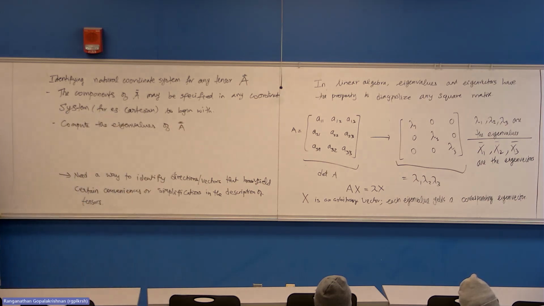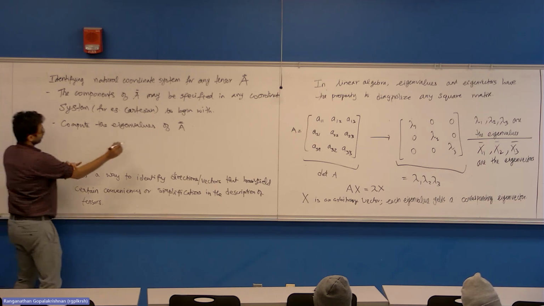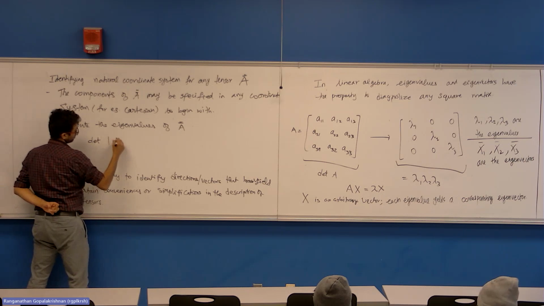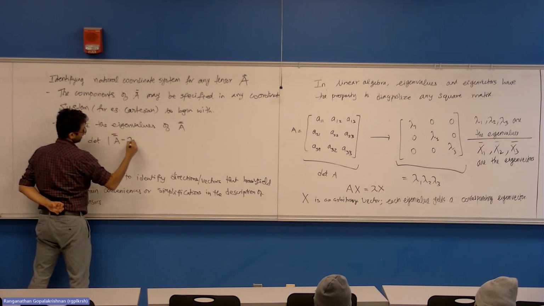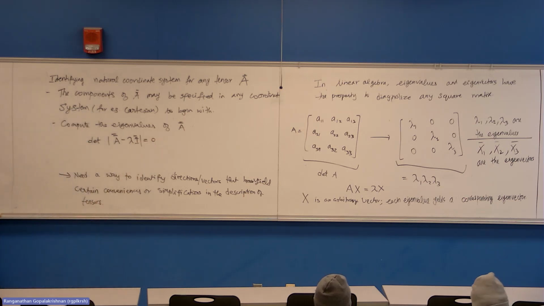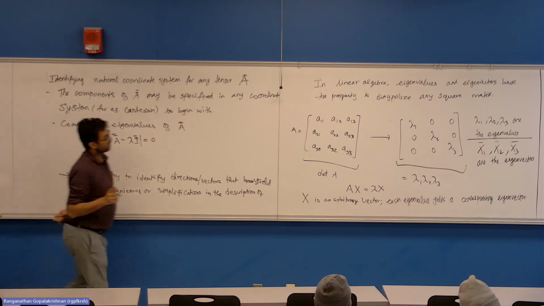Some of you may remember, some of you may not. Question is then how do we compute eigenvalues? Eigenvalues are obtained by solving determinant of A minus lambda I equal to 0. Actually, I forgot mentioning one thing.